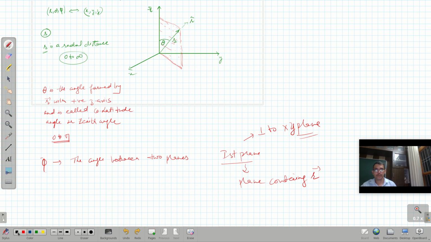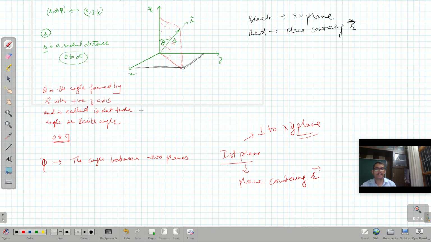So yeah, let us do one thing. This is the XY plane, represented by black color, and this red color is for the plane containing the R vector.